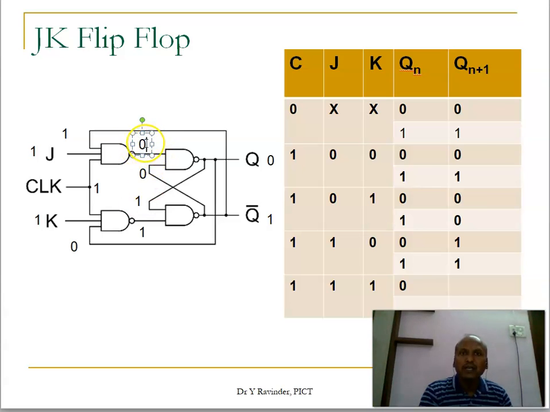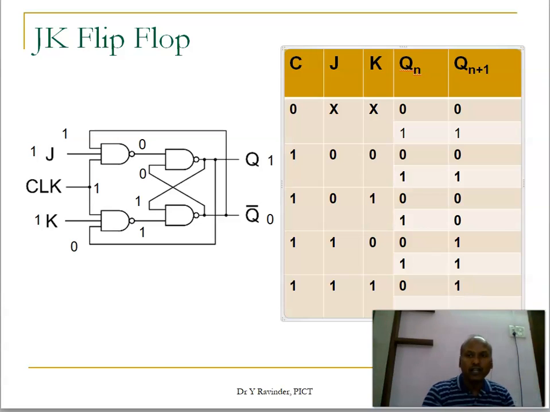Now, as soon as this becomes 0, this becomes 1. This 1, 1, 1 will make this 0. So always remember, as soon as one of the NAND gate inputs becomes 0, the output will become 1. So this was 0, now it has become 1.